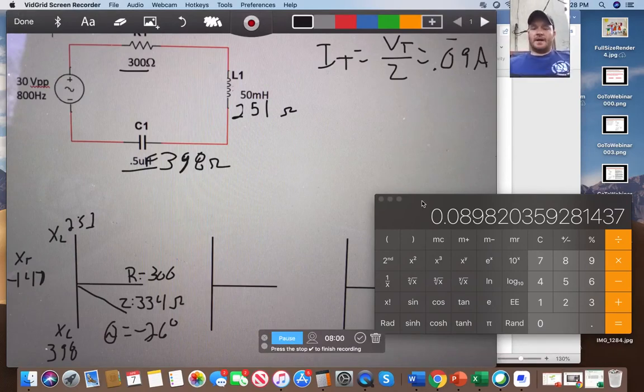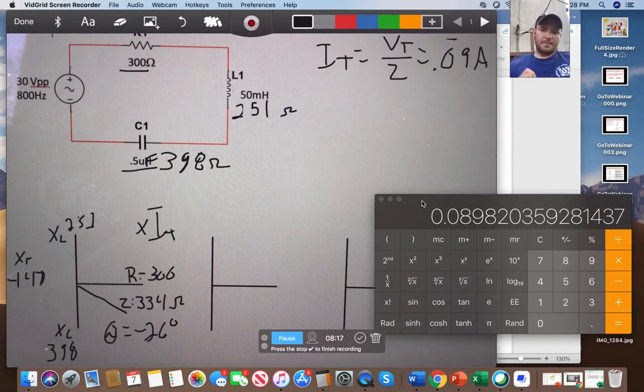Let me pause this for a second. I just want to check my calculations since you guys aren't here to correct me and let me know all the things that I'm doing wrong. So now, just like we did in the RL series circuits, we're going to multiply everything here by IT.